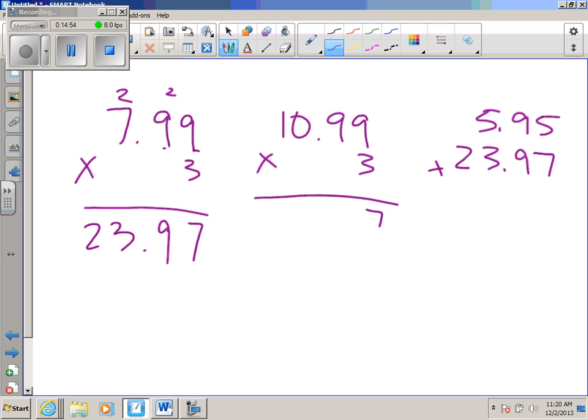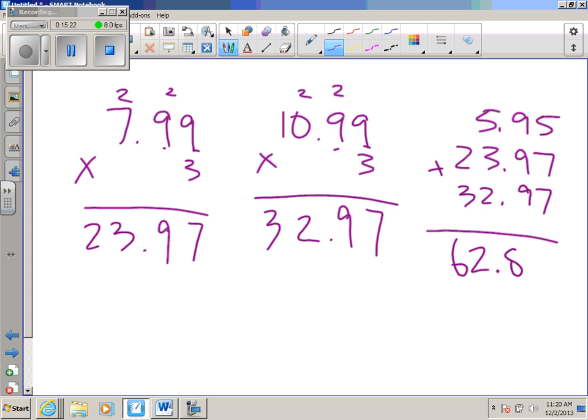Over here, 27. 27 plus 2 is 29. $32.97. So the price of the shipping and handling, the price of the 3 cassettes, and the price of the 3 CDs brings us a total of $62.89.